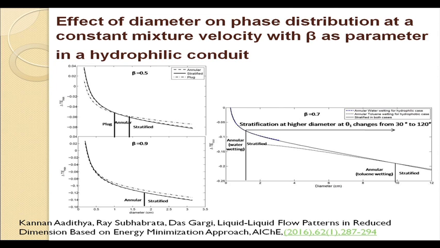So, in this particular case, what we postulated was that the transition from micro to mini should occur when the distribution shifts from symmetric to asymmetric. We assumed that for a microsystem, concentric core annular flow should have the minimum energy.